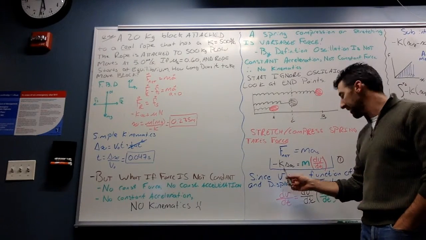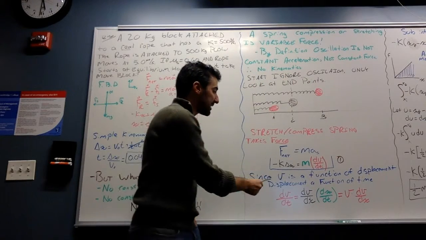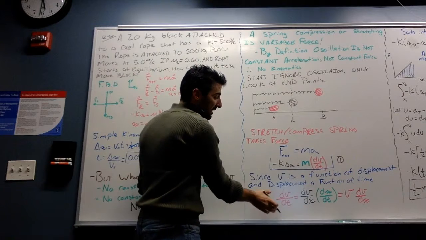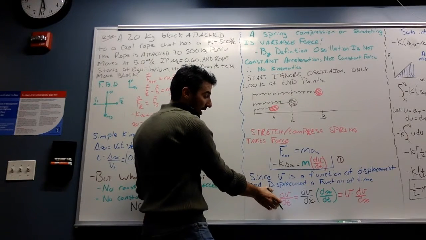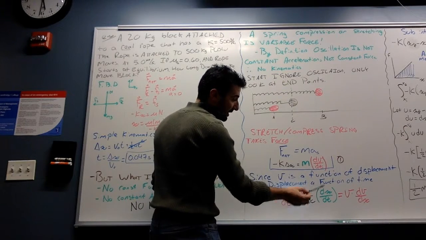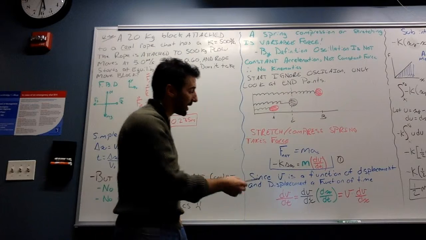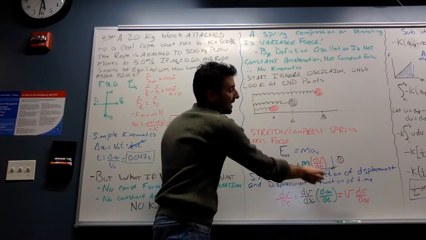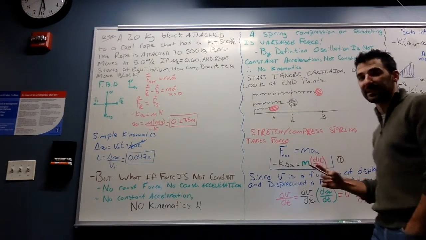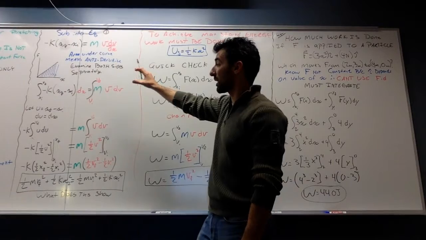We know that velocity is a function of displacement, and displacement is a function of time, so we're going to utilize dv dt with the chain rule. We unwrap dv dt in terms of velocity and displacement per unit time, so we can simplify dv dt and write it as v times dv dx.